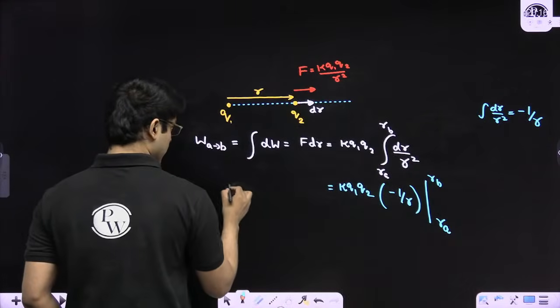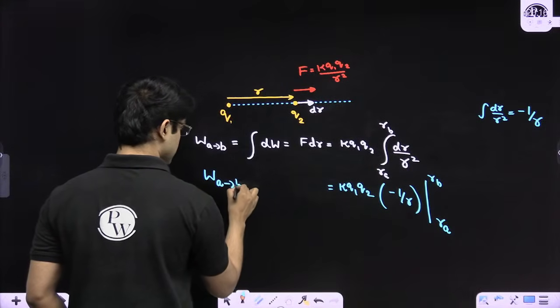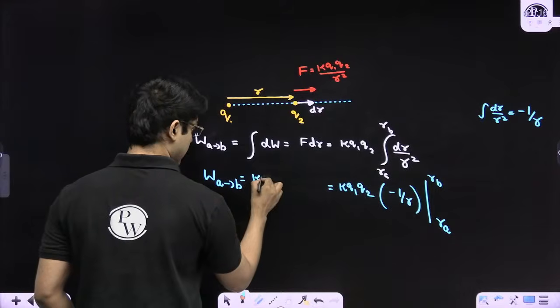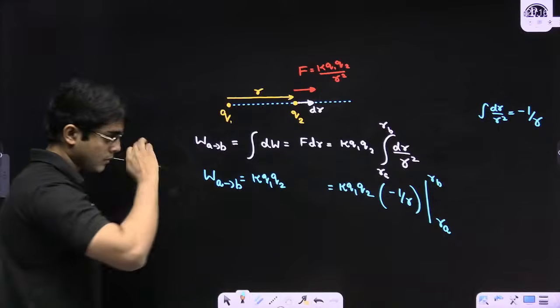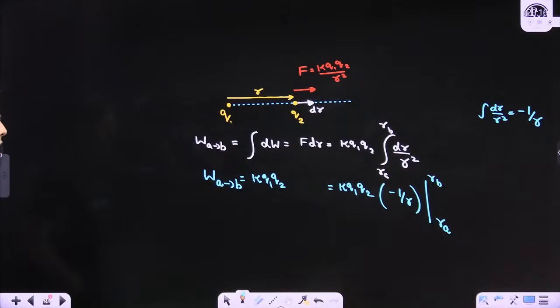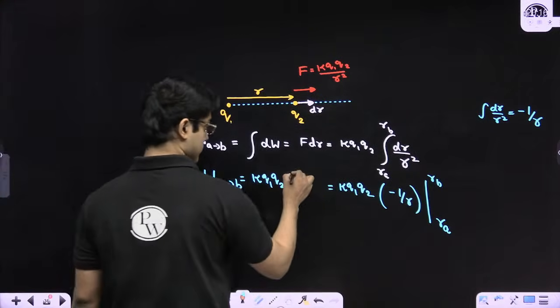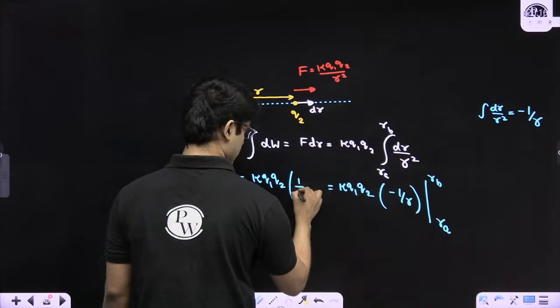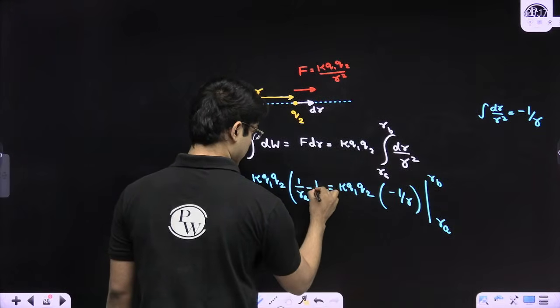So this thing will become kQ1Q2 into 1 by RA minus 1 by RB.